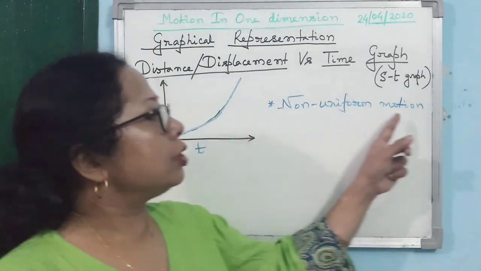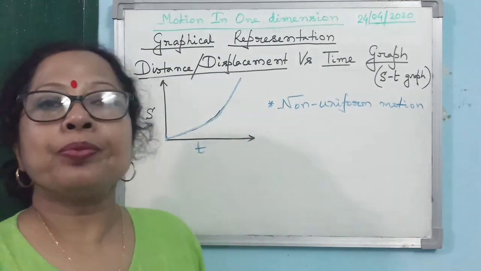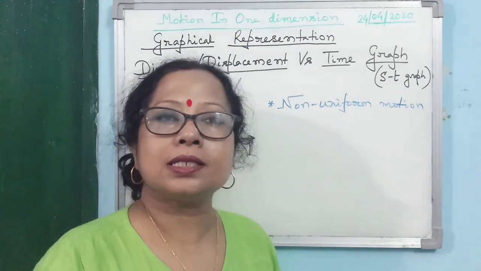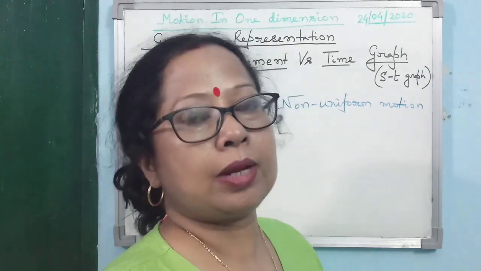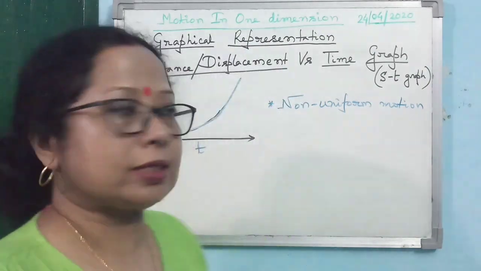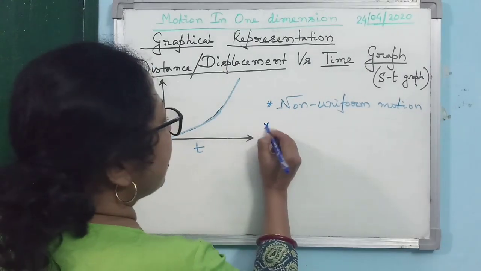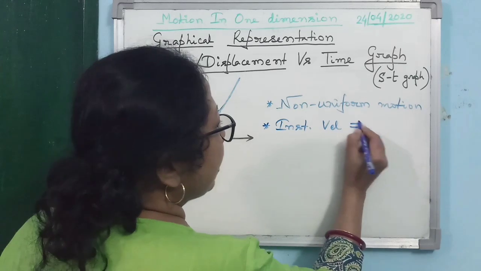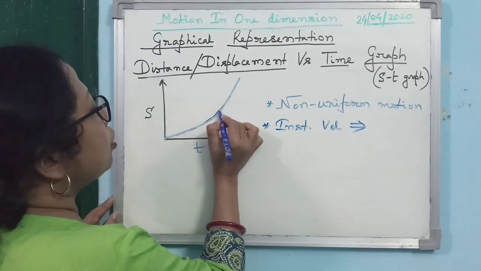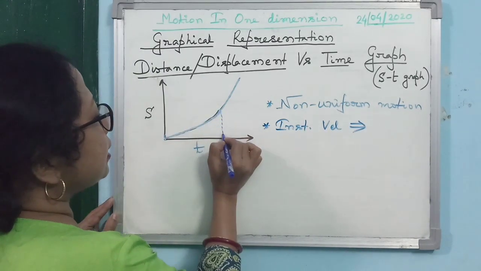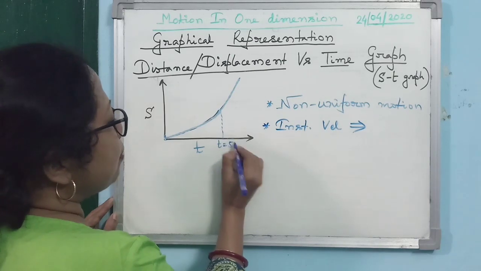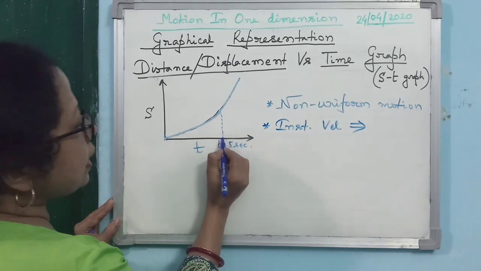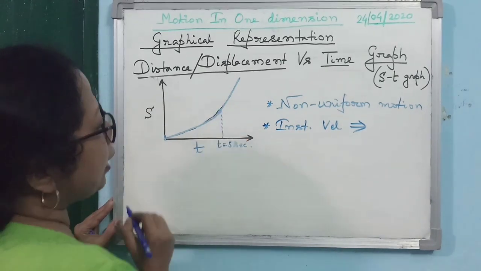Now, when it is a non-uniform motion, we can define instantaneous velocity and average velocity. So we have to get the concept. If you want to find the instantaneous velocity, how do you get it? Suppose I want to find the instantaneous velocity at time 5 seconds. At time 5 seconds, this is the point on the graph.